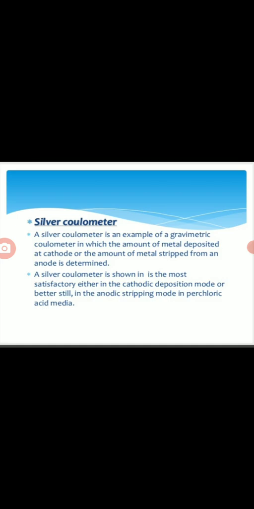A silver coulometer is most satisfactory either in the cathodic deposition mode or, better still, in the anodic stripping mode in perchloric acid media. The increase in mass of the cathode gives the amount of silver deposited. From the mass of the silver deposited, the coulombs involved in the reaction can be calculated.